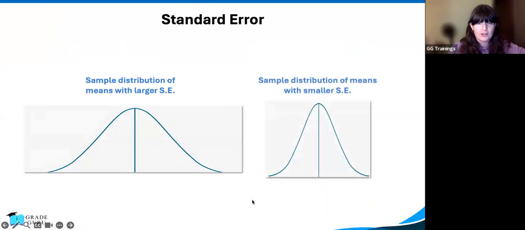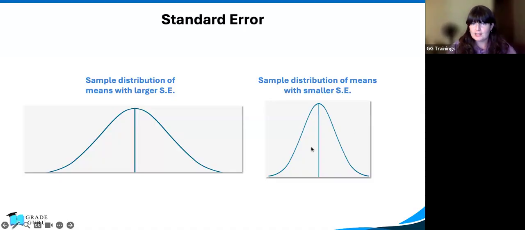Back to a little bit of theory around standard error. This is what it looks like when you have a larger or a smaller standard error. I want you to think of standard error as just error, inaccuracy. What we want is a small standard error, because that means low error in generalizing about the population.